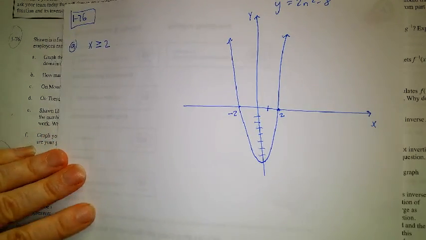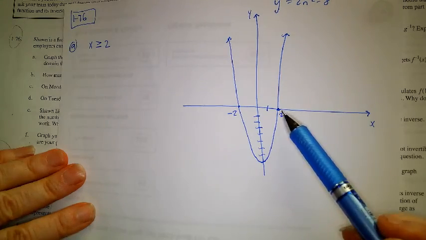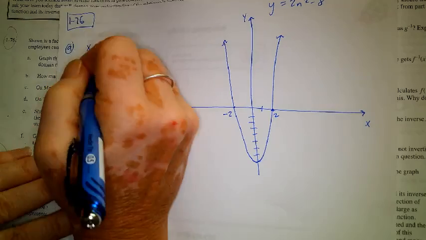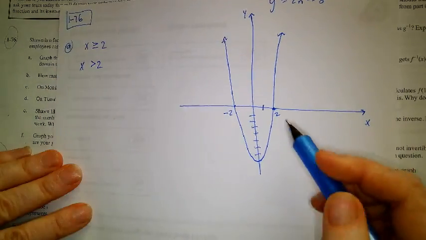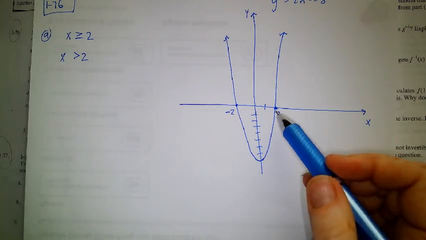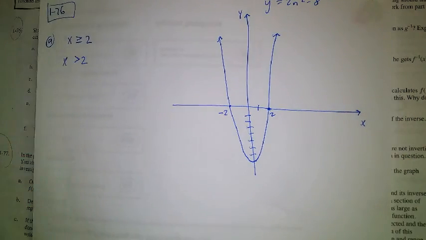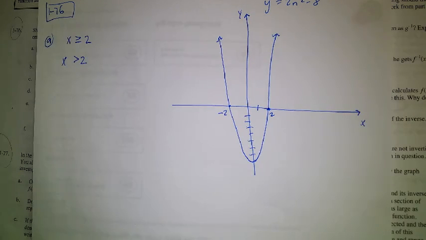Or you could say x is just greater than 2, because if you have 2 employees, you make 0 orders. So I would think you would want more than 2 employees. And let me check on that real quick.